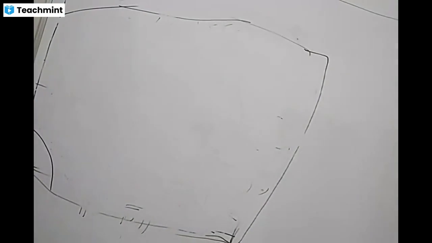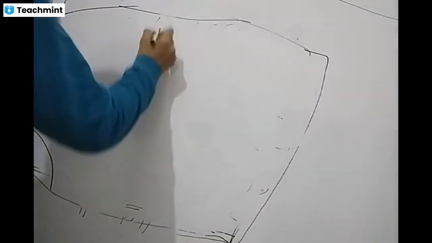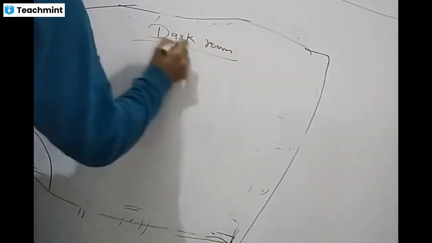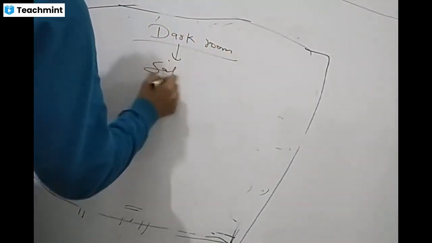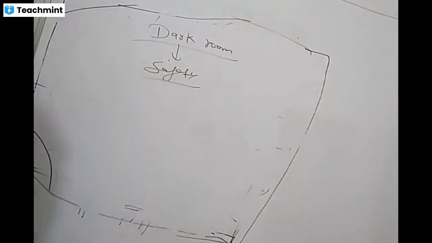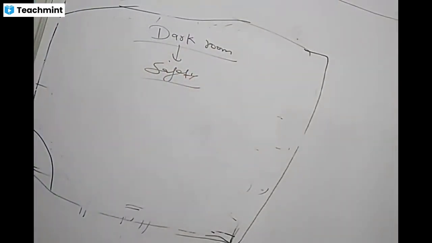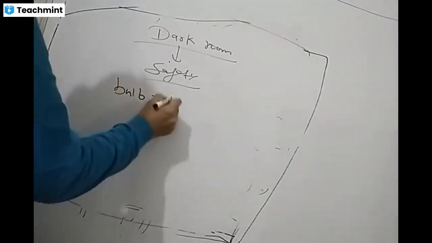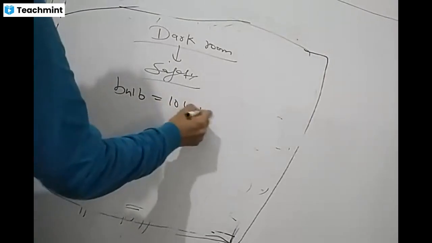So after this image formation, we'll see something about dark room safety light. Dark room safety. The dark room has a bulb of 10-watt power.